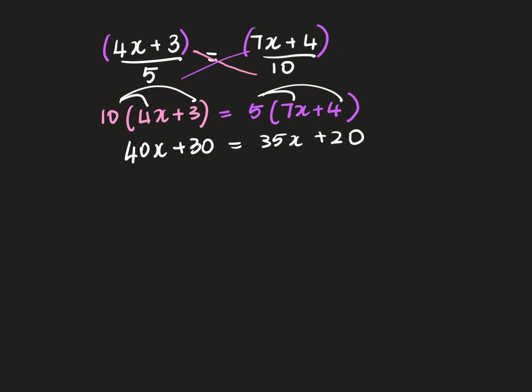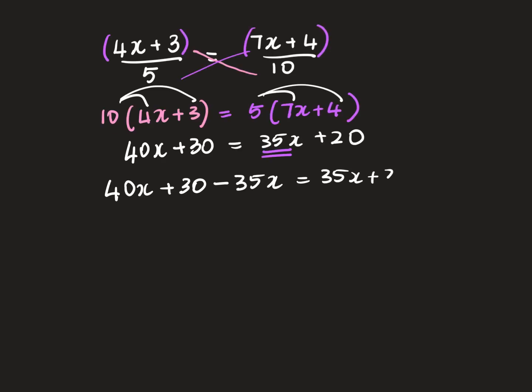Okay, what do we do next? Well, we say, I'm not happy with this 35x here. So what I want to do is take 35x off each side. Okay, 35x, take away 35x, that's gone. All that's left on the right here is this positive 20.